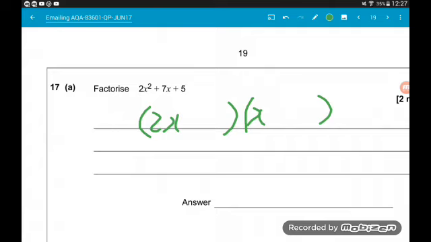So we don't have many possibilities when it comes to 5. We've only got 1 and 5. So we're going to have 2x plus 5 in there and x plus 1 in there. So then 5 times x is 5x, 1 times 2x is 2x, 5x add 2x is 7x. Job's good for part A.